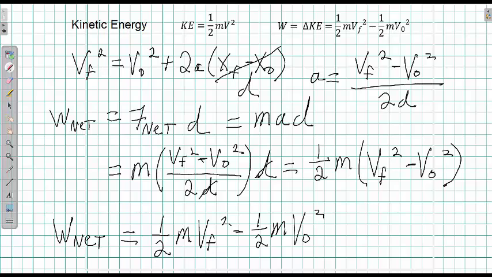So the kinetic energy at any given point in time for an object simply equals 1/2 mv squared, the v squared at that time. The work done on an object equals the kinetic energy at the last moment in time you're looking at minus the initial moment in time: kinetic energy final minus kinetic energy initial. Now let's put this in motion and look at a couple of problems that will hopefully make this make sense.